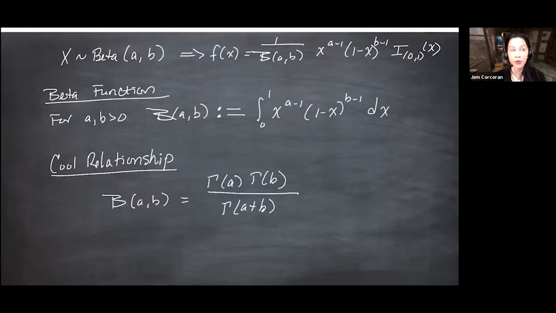If you remember the previous problem we worked on, we started with two gammas and got something beta. We had gammas in our joint PDF at the end, and those could have been manipulated to turn into this exact beta function constant.